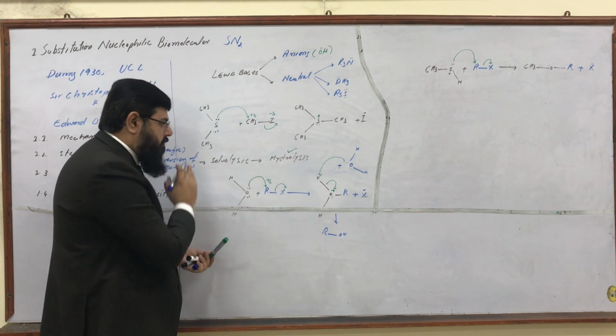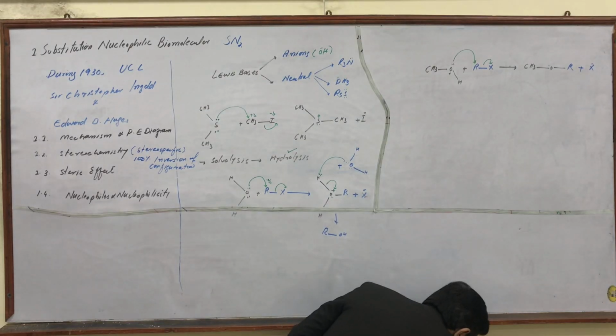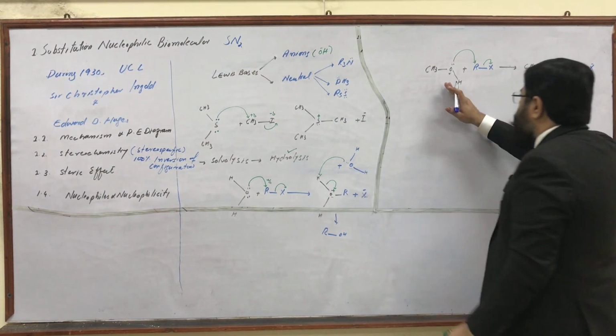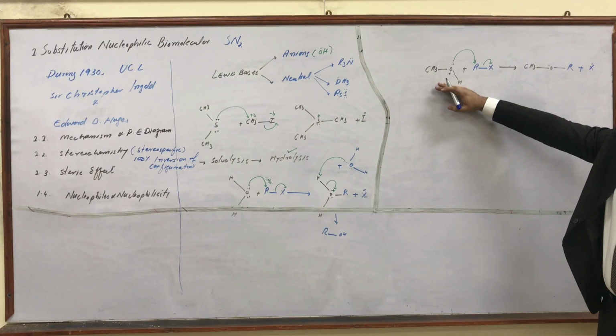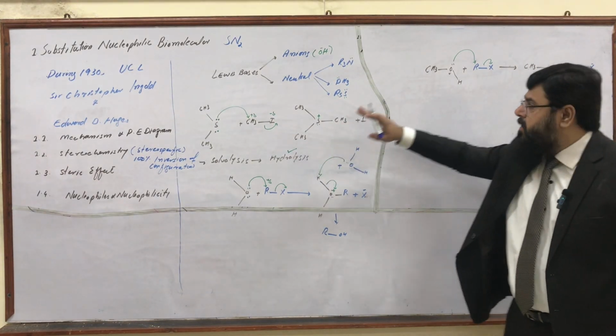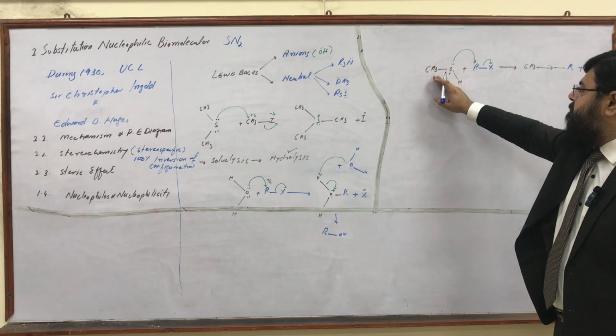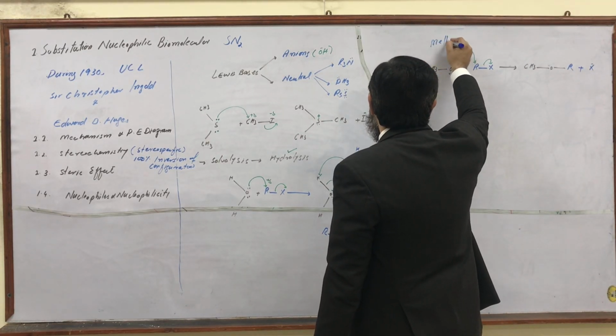Just like water, ethanol or methanol can also act as nucleophiles. So when the solvent is water, the reaction will be named hydrolysis. When the solvent is methanol, this reaction will be called methanolysis.